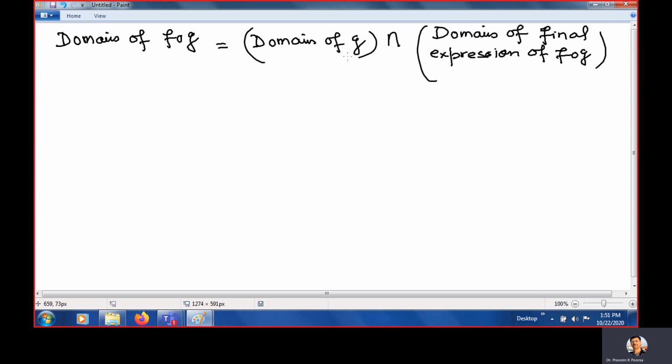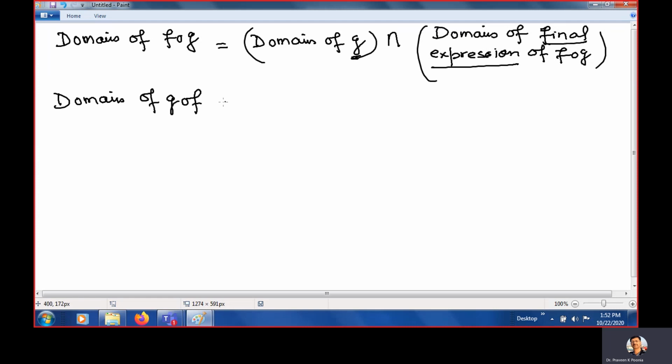It means you need to find the domain of g, and then find the domain of the final expression of f composition g, whatever is coming, and take the intersection of these.